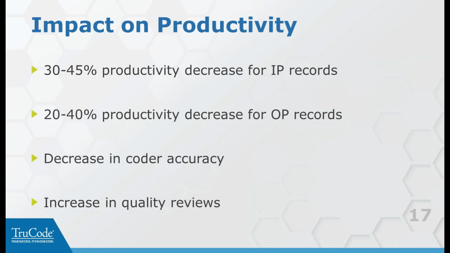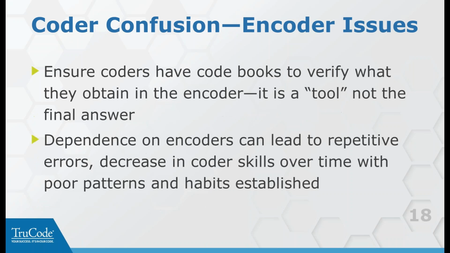And of course, decrease in coder accuracy is definitely an issue with PCS coding, and an increase in quality reviews, because hospitals are realizing that they have got to do a lot more quality review to make sure that the coders understand PCS coding and are doing it in the correct manner. One thing that I want to say too, just as a word of caution about the encoder, be aware of the fact that the encoder is not the Bible of coding.